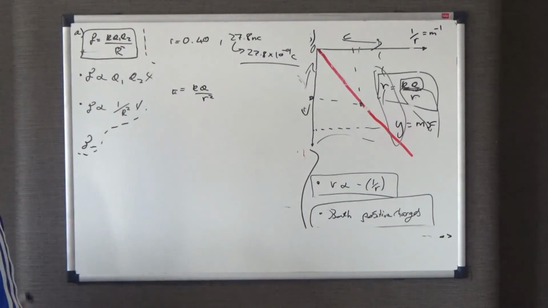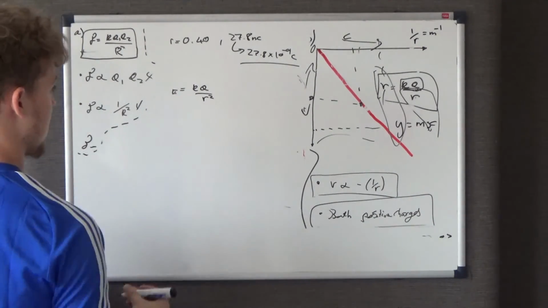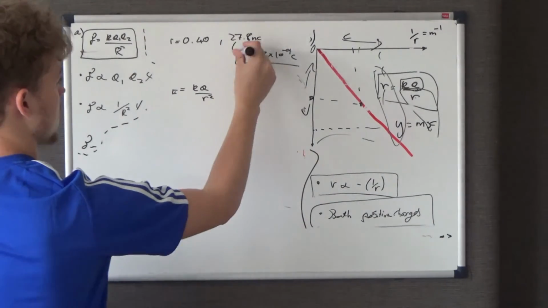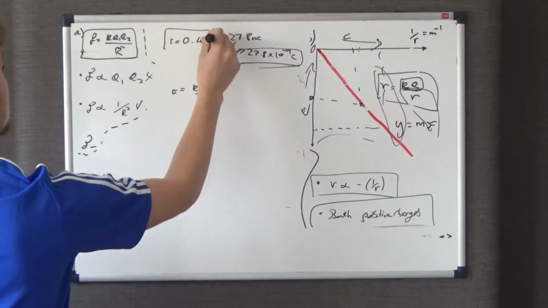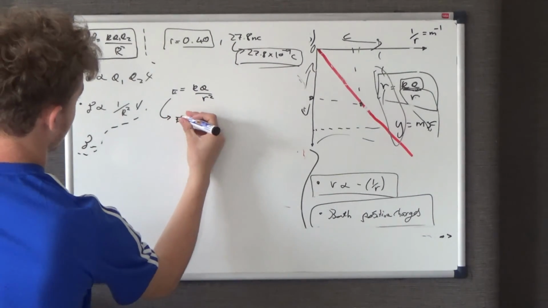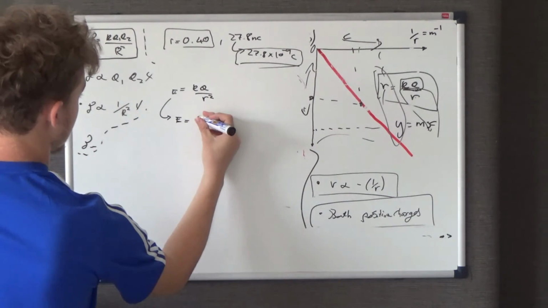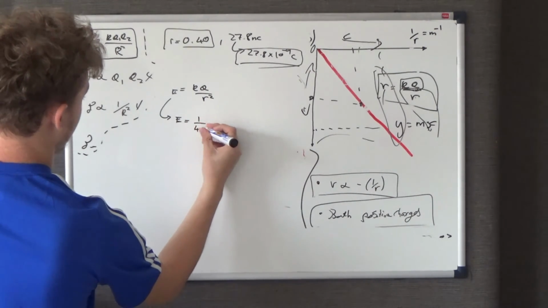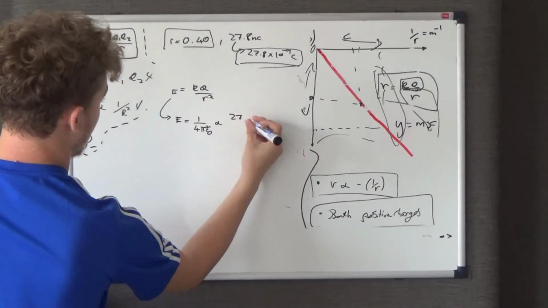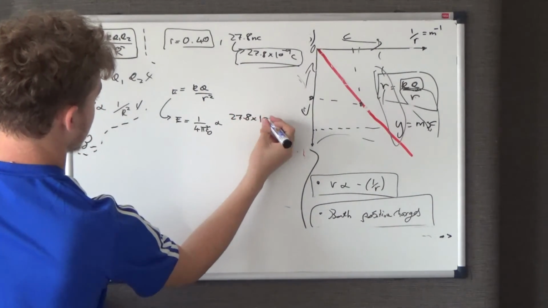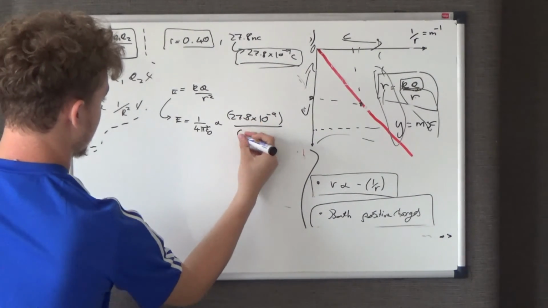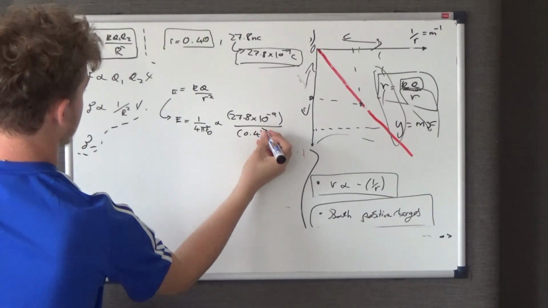K is 1 over 4 pi epsilon naught, and Q, well, we've got the Q here, and we've got the distance R. So again, it's just inputting numbers into the formulas. The electric field strength is equal to 1 over 4 pi epsilon naught times Q, which, remember, keep it in SI units, so 27.8 times 10 to the minus 9 coulombs, over R squared, so I just put 0.4 in brackets, squared.